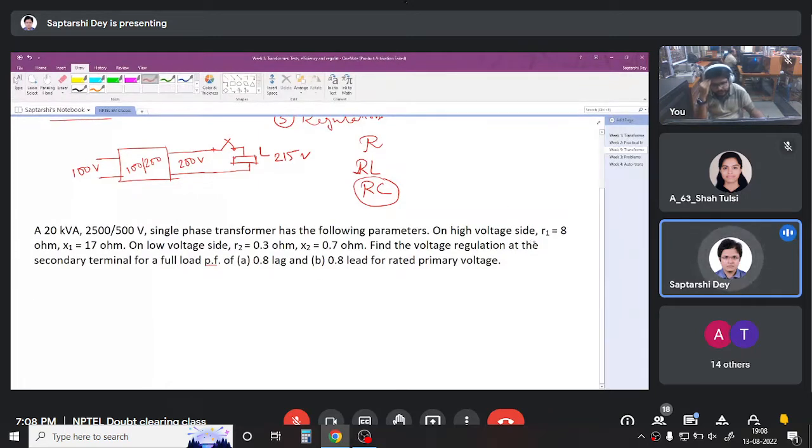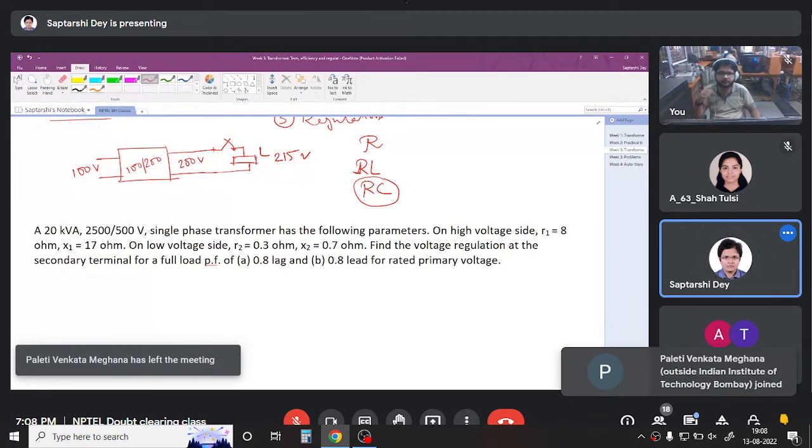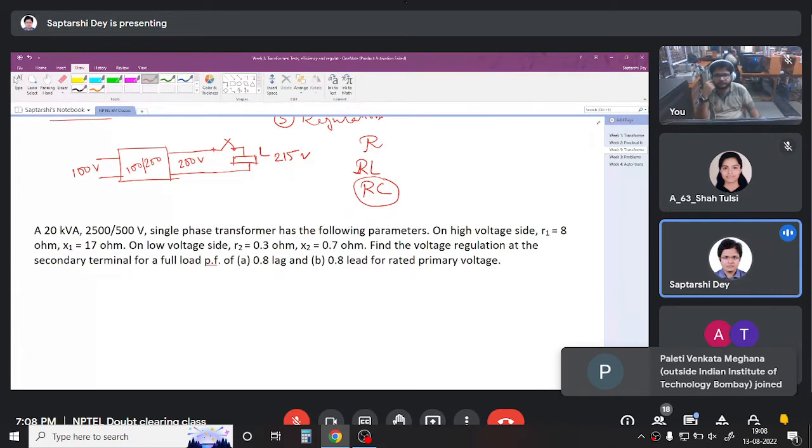On the high voltage side, some R and X values are given. On the low voltage side, another R and X values are given. The question is: find the voltage regulation at the secondary terminal for a full load power factor of 0.8 lag and 0.8 lead for rated primary voltage. How to go for it? How to find out regulation?